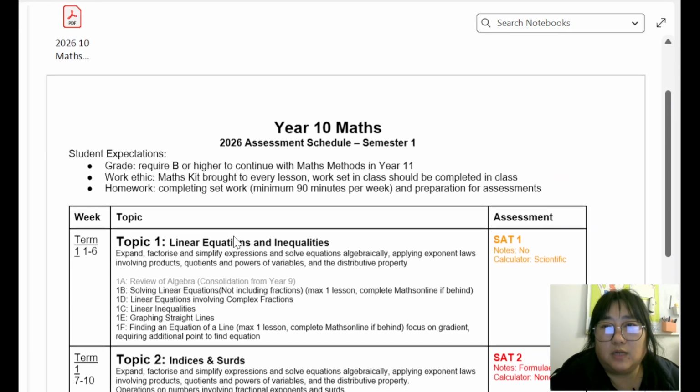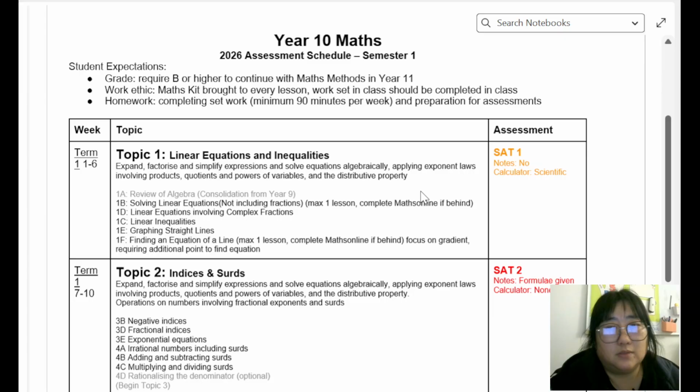Before I start, I always introduce this outline to my class and let them check what they will have, and what kind of assessment they are going to have. For topic 1, linear equations and inequalities, they will do assessment 1, a test. They can use a calculator and definitely no help notes.